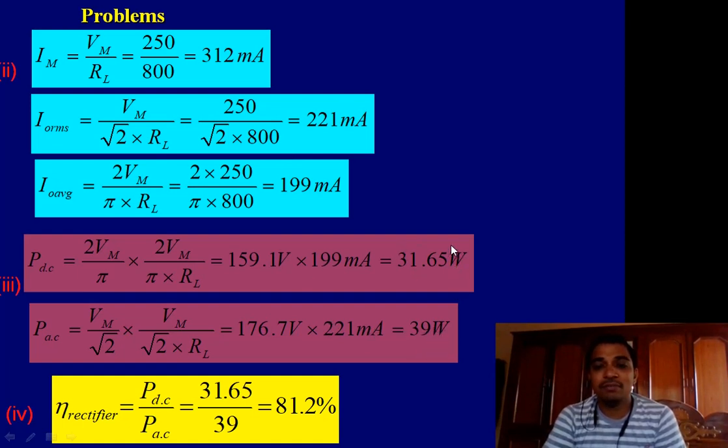So 31.65 watts is the DC power available, and this is the total AC power available. So the rectifier efficiency, the fourth bit, PDC by PAC, is 31.65 watts by 39 watts, so 81.2%. This is the way you need to do the full wave and half wave rectifier problems.